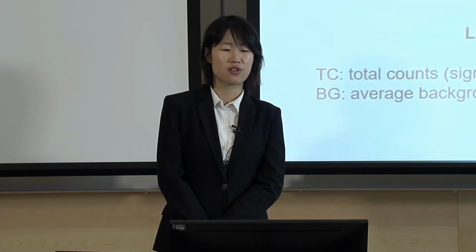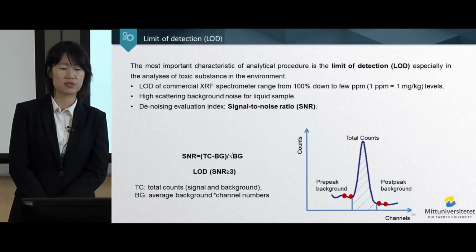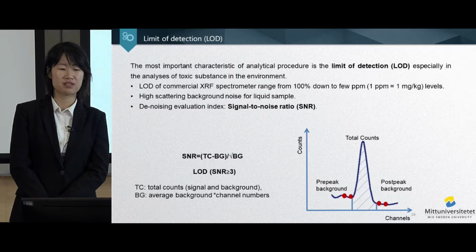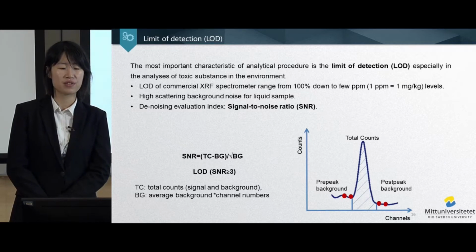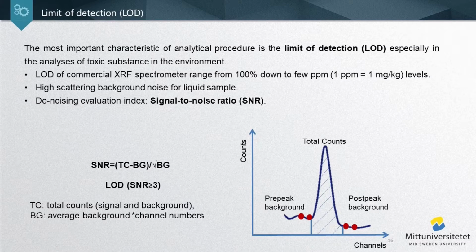In the analysis of toxic substances in the environment, the most important characteristic of an analytical procedure is the limit of detection. For a commercial X-ray spectrometer, the detection limit ranges from 100 down to a few ppm, while for liquid samples, it usually suffers from high scattering background noise. So signal-to-noise ratio is one of the denoising evaluation indices.